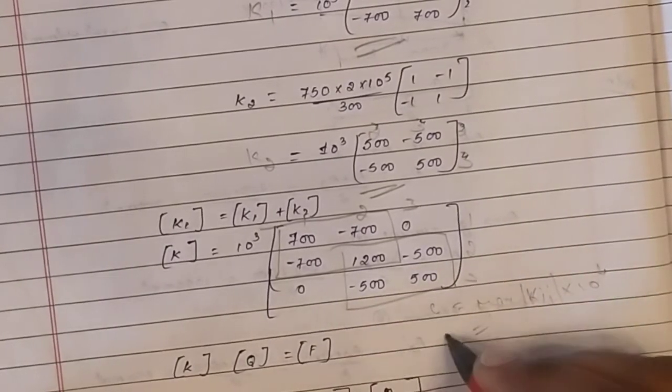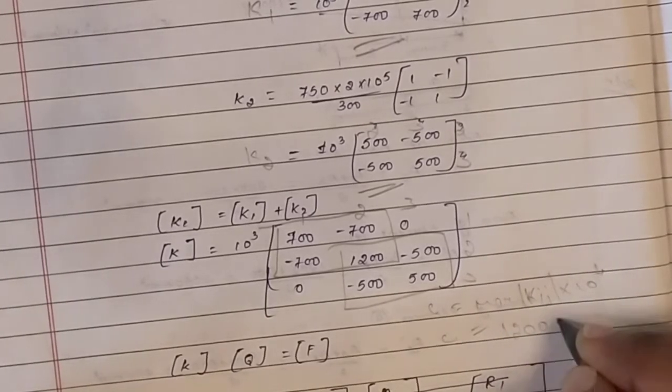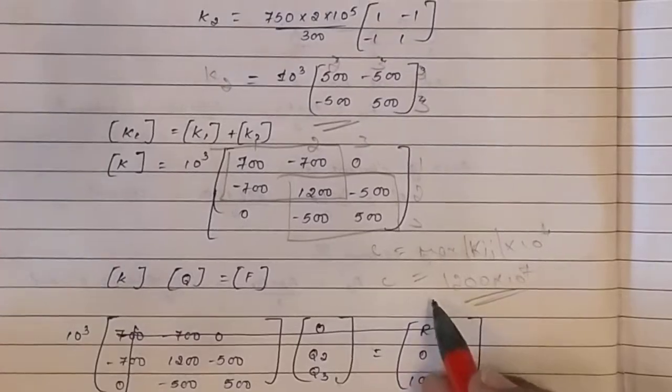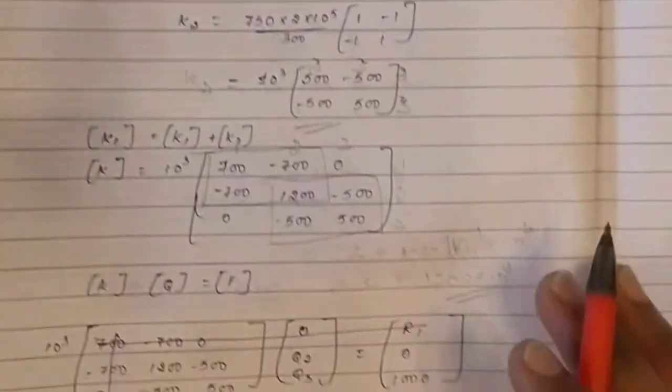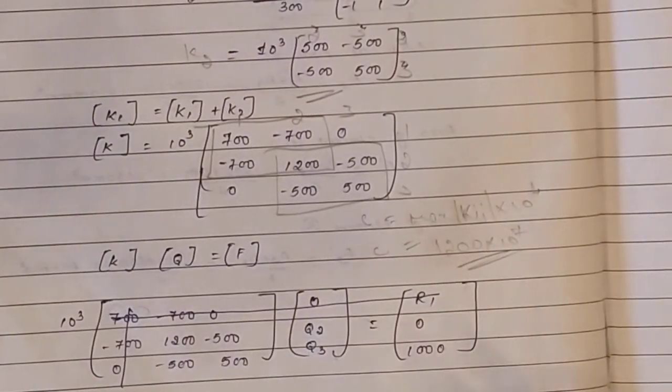So the maximum of Kij here is 1200 into 10 power 3, and that into 10 power 4 will be the C value, and you can add it to the first node's principal diagonal element and then solve it. You can solve this using any method, the penalty method or the elimination method.